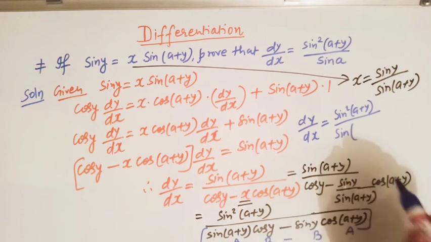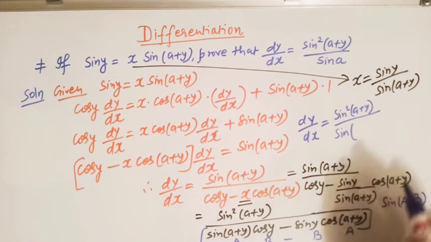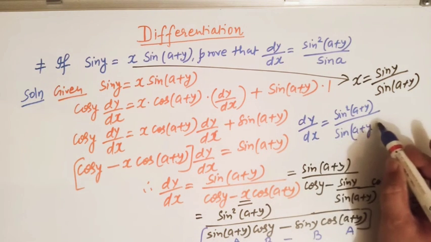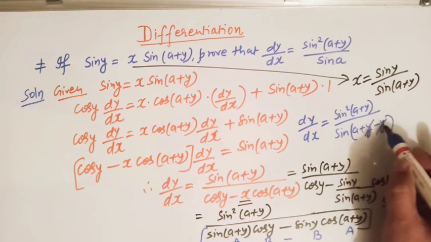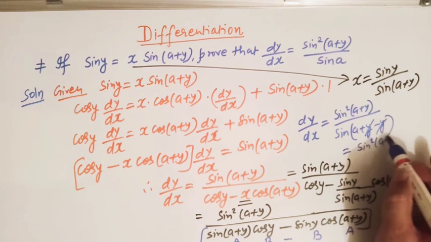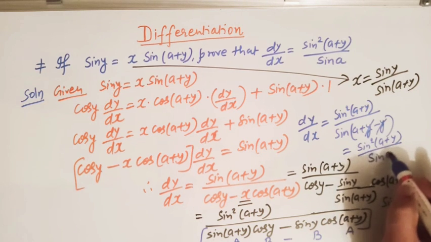And it becomes the formula for sin(A minus B), right? So A is a plus y and B is y, so we have minus y, so y and this y get cancelled, so we have sin square(a plus y) divided by sin a, right?